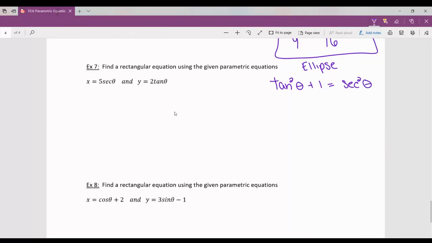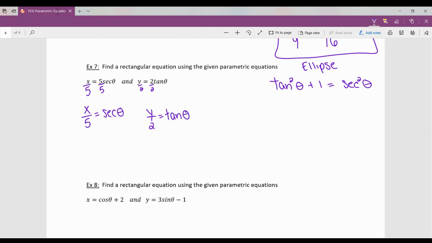All right, so we've got, for this, we want to square secant and square tangent. So first thing we got to do is get the secant by itself, divide by 5. So we've got x over 5 equals secant theta. Divide by 2. So we've got y over 2 equals tan theta.